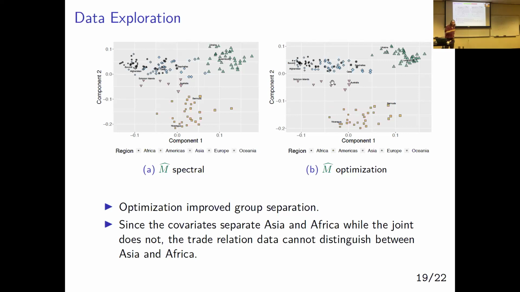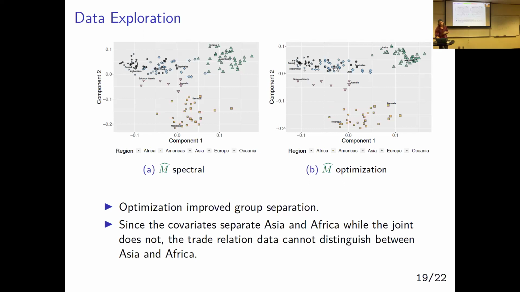And if you recall from before, we had two different clusters in the covariate data set that were capturing regional information, stuff from Africa and stuff from Asia. The covariates could distinguish between all those countries, but here they can't.